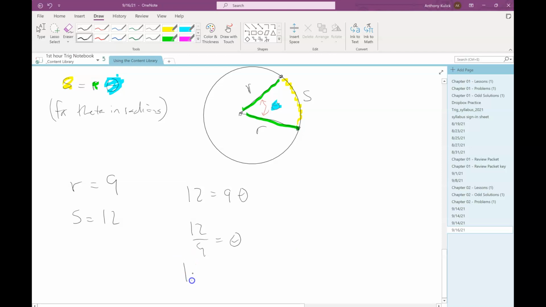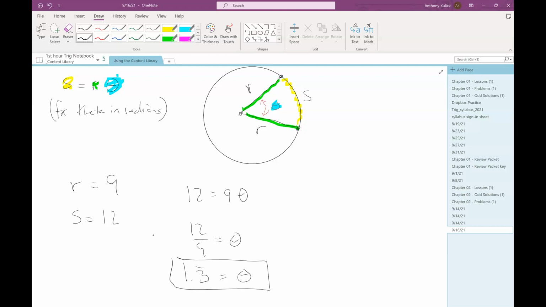And that's it. You're just plugging the numbers into the right spots and then solving for the appropriate variable.